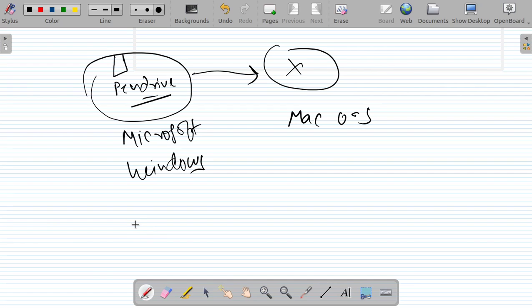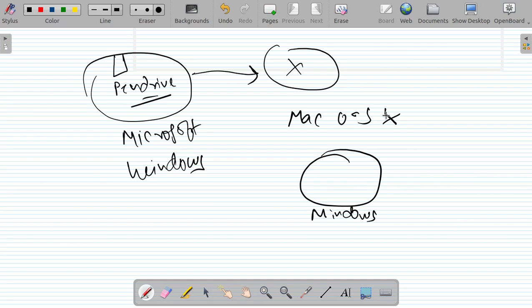It worked fine on my laptop and my other friend's laptop, which was also using Windows. But I couldn't understand why the pen drive was not working on my friend's laptop using Apple's Mac operating system.